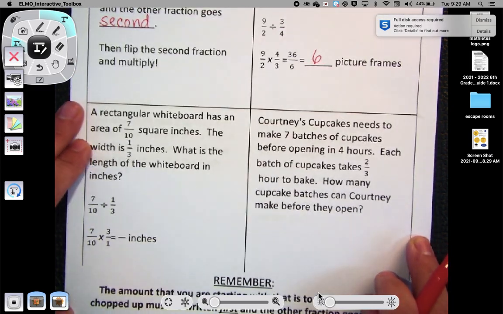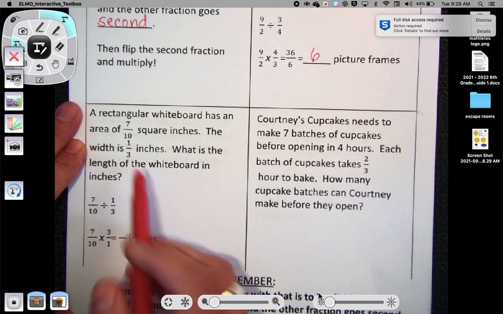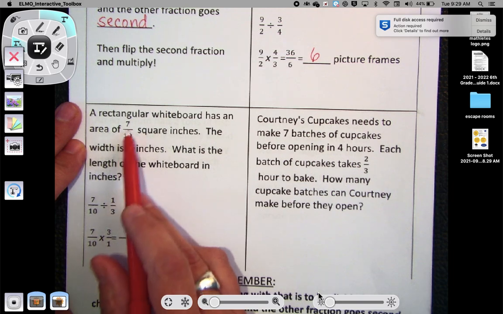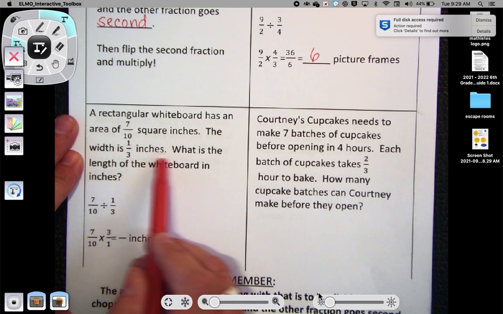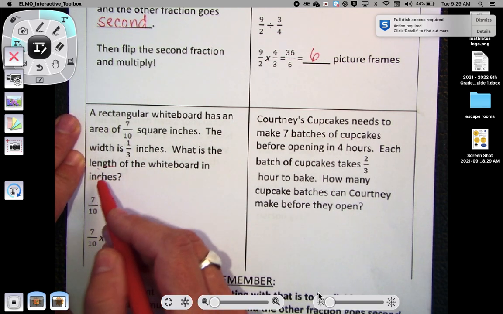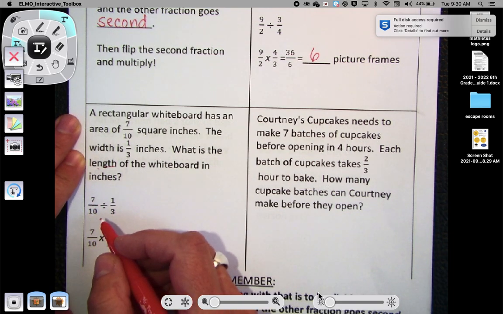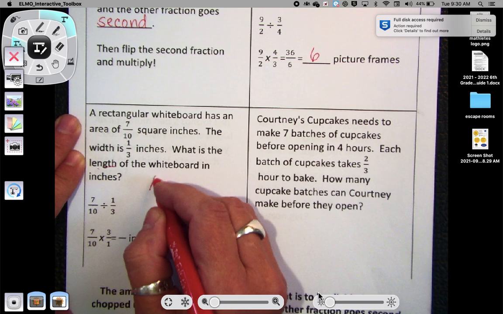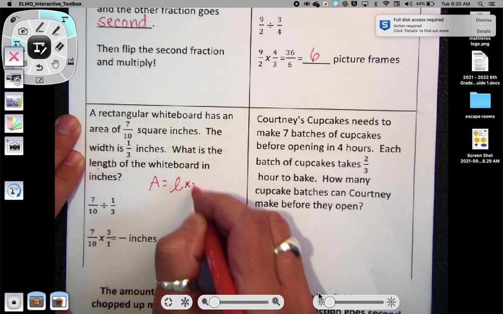A rectangular whiteboard has an area of 7/10 square inches. The width is 1/3 inches. What is the length of the whiteboard in inches? Now you're going to have to recall the area formula. Area equals length times width.